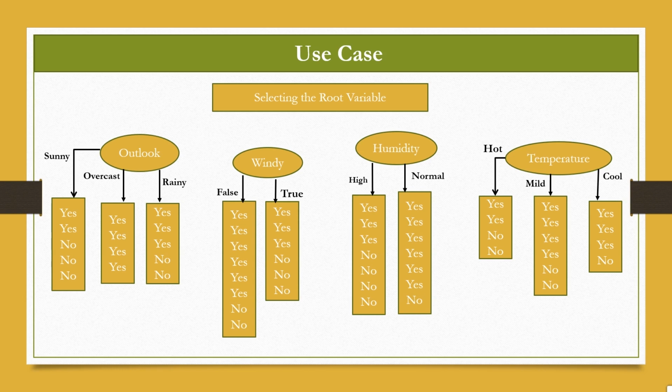But how do you select which variable best fits the root node? That's why we are going to use information gain and entropy. Now the task at hand is to find the information gain for each of these attributes. So for Outlook, windy, humidity and temperature, we are going to find out the information gain.